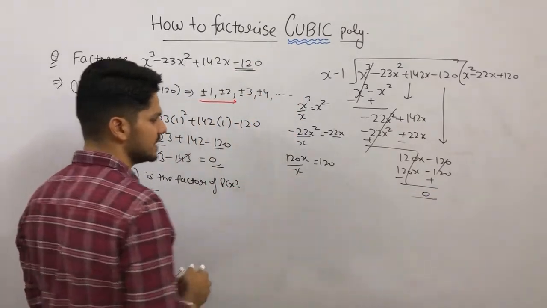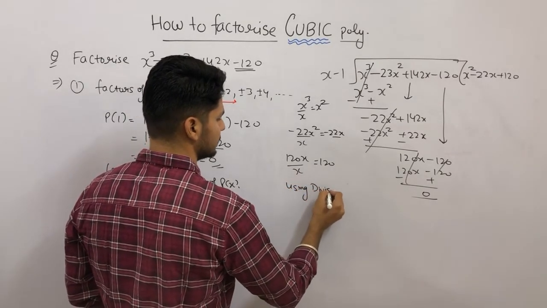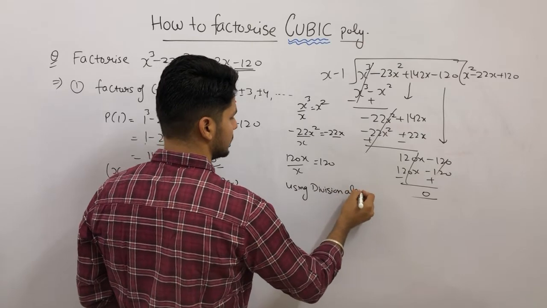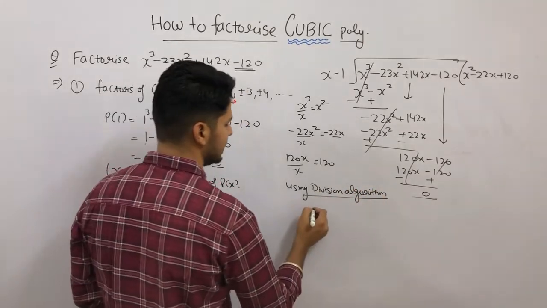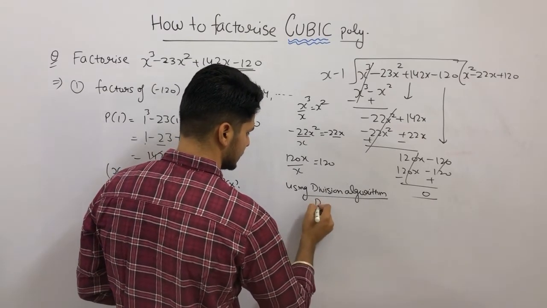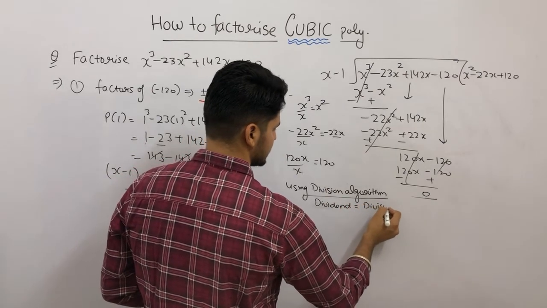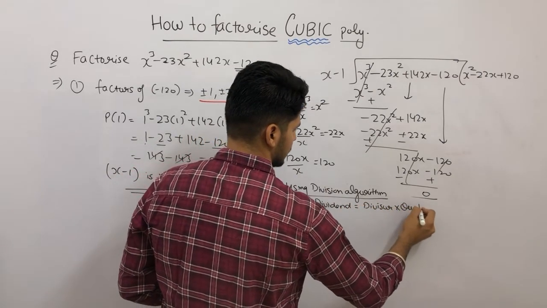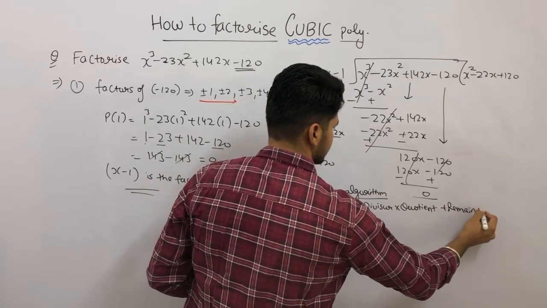And in the last step, using division algorithm. Which algorithm? Division algorithm. What we will write? You can write it as dividend equals divisor into quotient plus remainder.